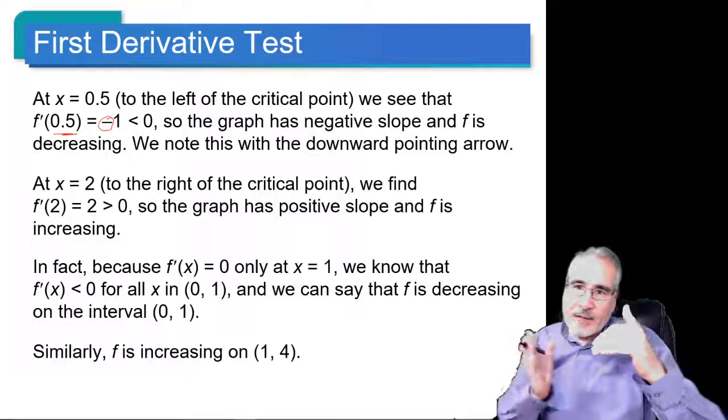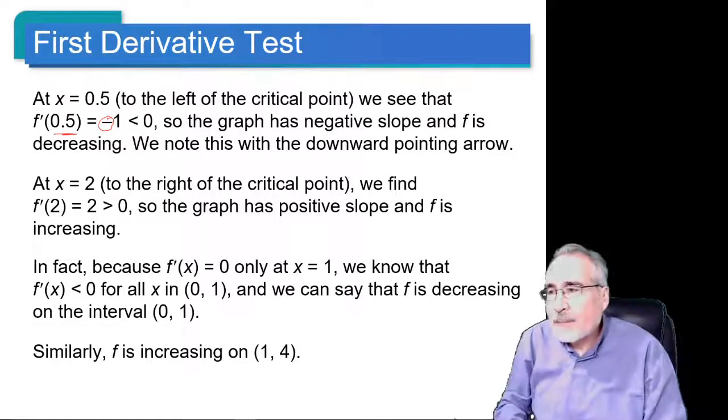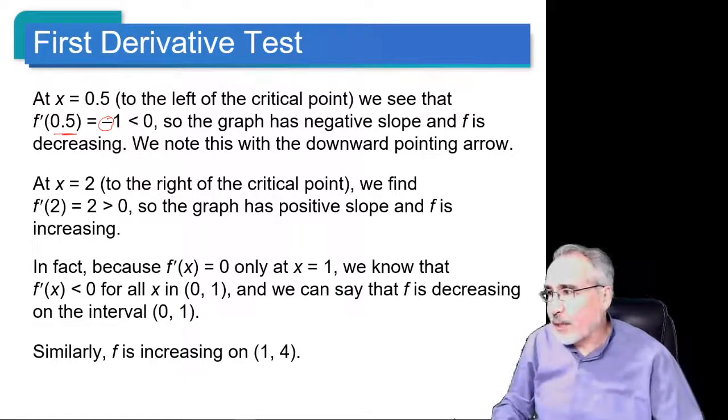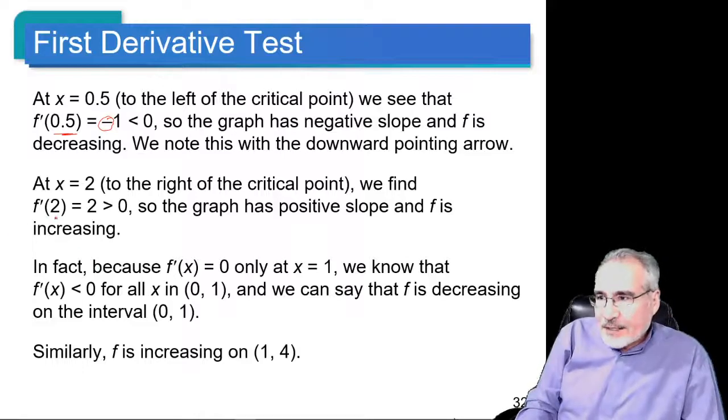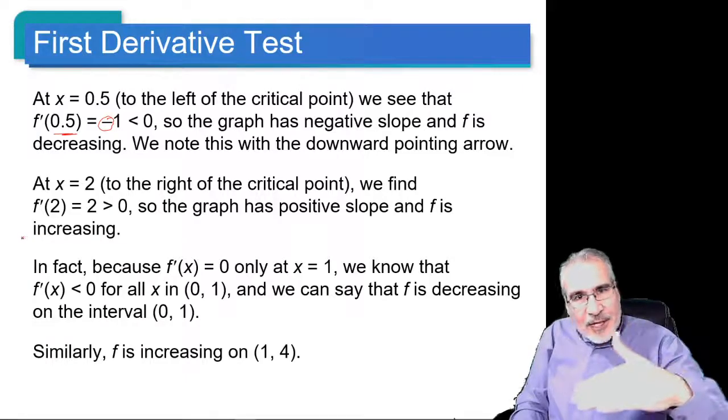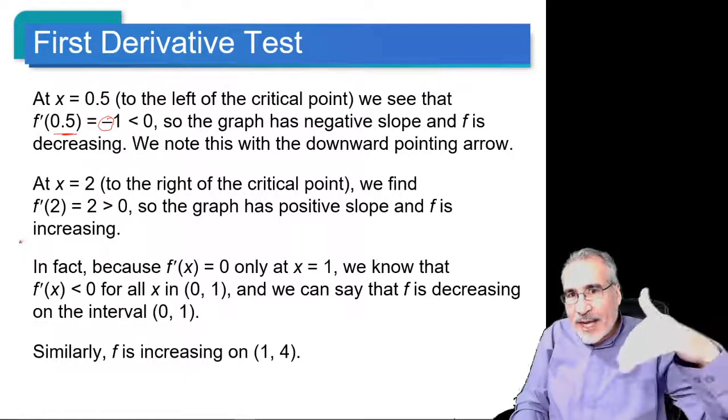Everything to the left and everything to the right, at least in that neighborhood, will be going in the same direction. Okay. There are some mathematical theorems that have been proven that show that that is the case. That's nature. When you go down to the bottom, you're always going down. Okay.